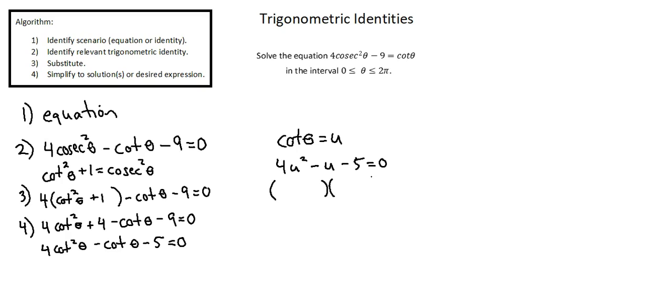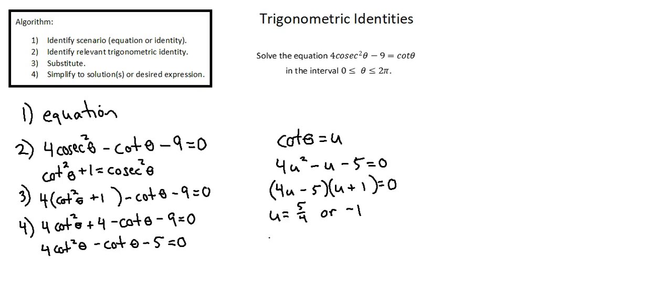Factoring into 2 linear expressions, we'll end up with 4u and u, and minus 5 and plus 1. Now our solutions, u equals 5 over 4, or negative 1.